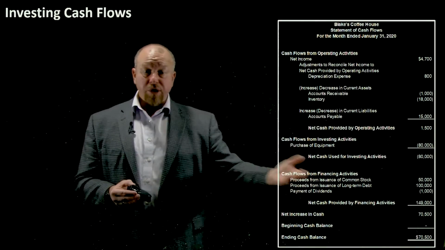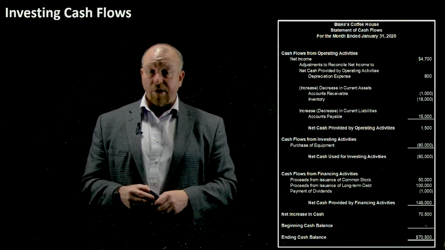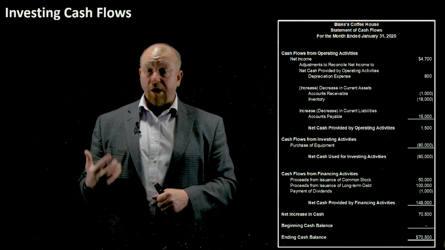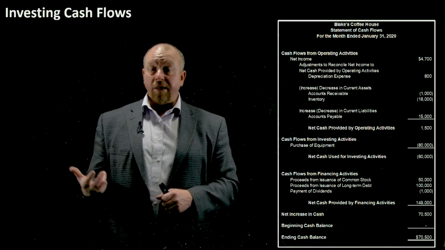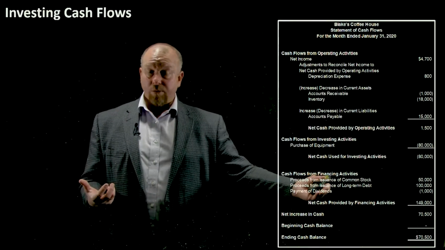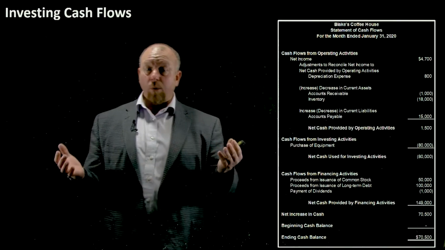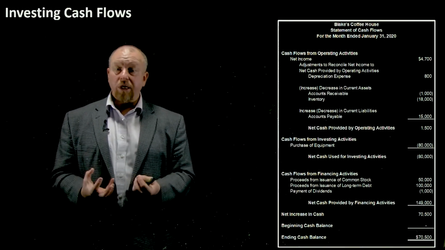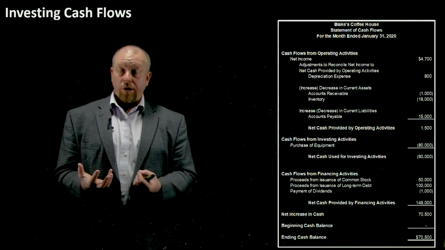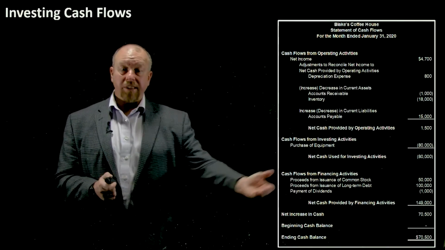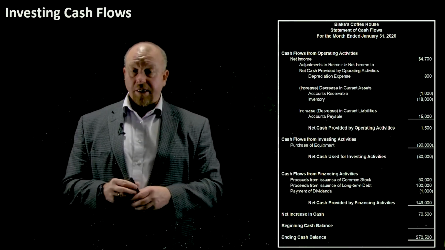But also, if you saw negative financing cash flows, that could be the sign of a very healthy, mature business that is paying dividends to its shareholders, that is repaying liabilities, long-term debt, things like that. And that could be a wonderful thing too. The company's balance sheet could become stronger. It could become a more attractive business if we see negative financing cash flows.